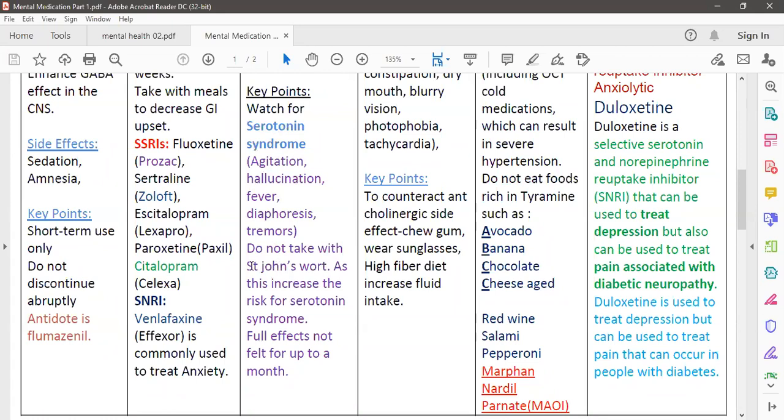St. John's wort is a herbal medication. So St. John's wort and SSRI never ever give together. Also, SSRI never given with monoamine oxidase inhibitor, right? This increases the risk of serotonin syndrome. Also, the full effect is not felt for up to a month, so 4 to 6 weeks are needed to start the function.